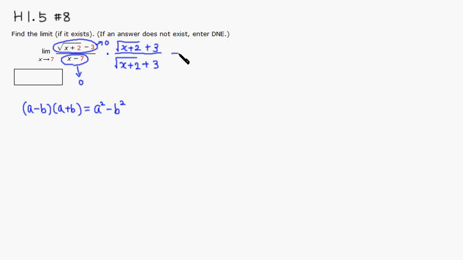So what you're going to get is the limit as x approaches 7. Right? Then when you multiply those numerators together, what you get is the square root of x plus 2, that's like a here, squared. So you get just x plus 2 because it gets squared.